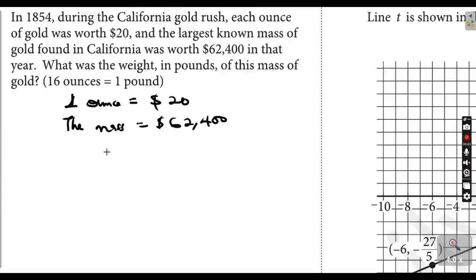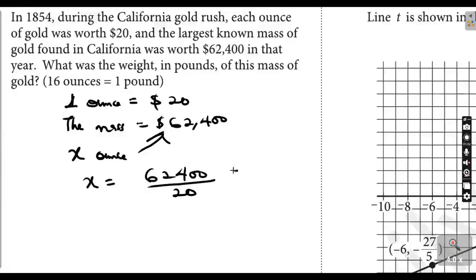So first of all, we need to know the number of ounces. If 1 ounce is $20, X ounces will be equal to these dollars. So X ounces will now be 62,400 divided by 20. That will give us 3,120 ounces.